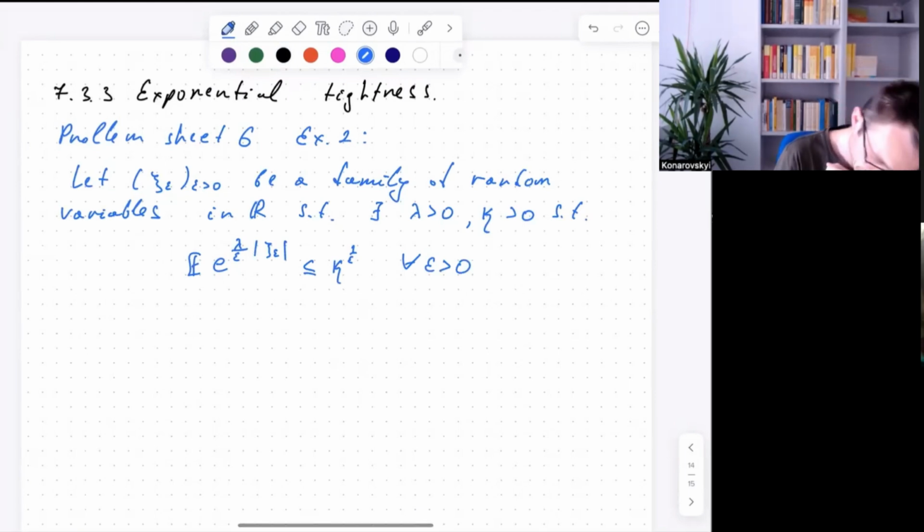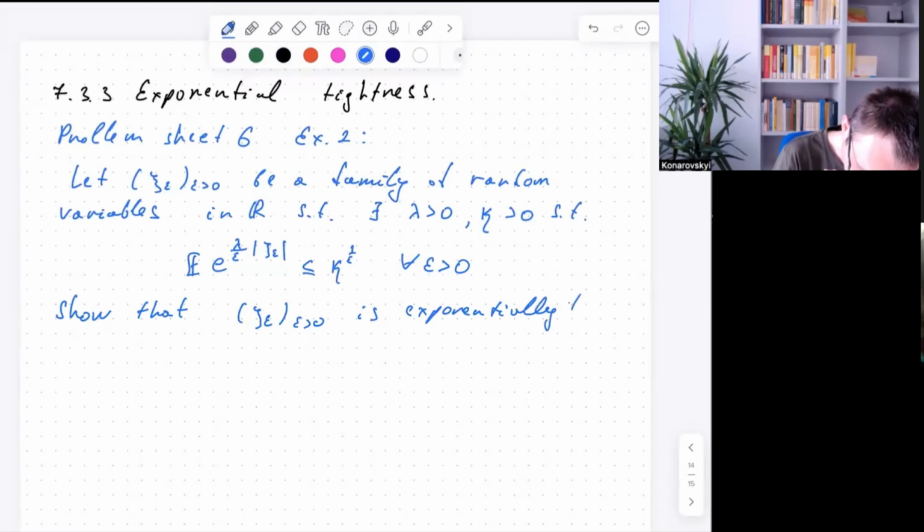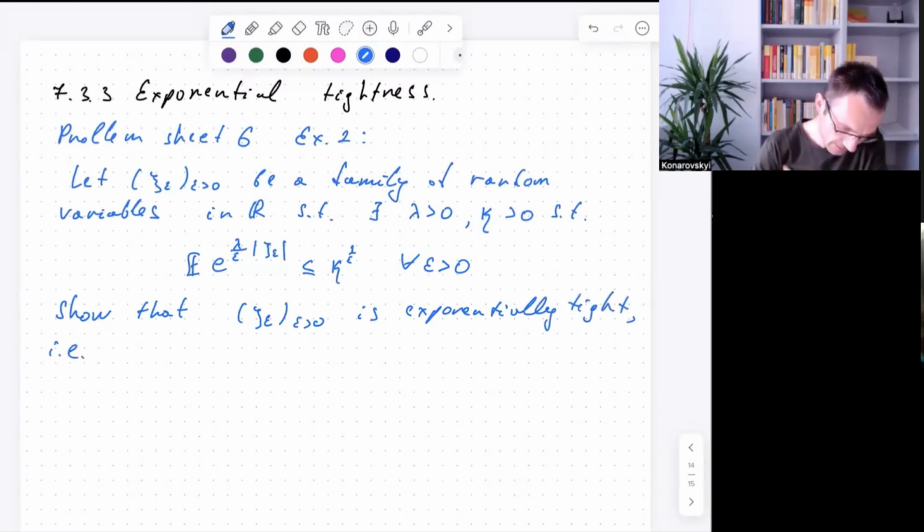Then show that this family, psi epsilon, is exponentially tight. What does it mean? And here probably it is a good time to recall the definition of exponential tightness.